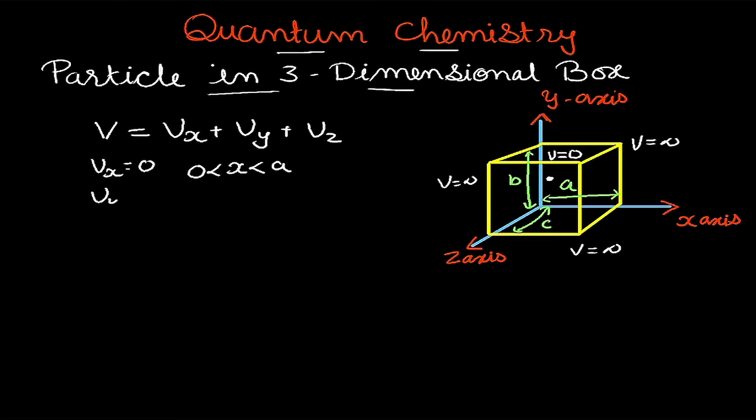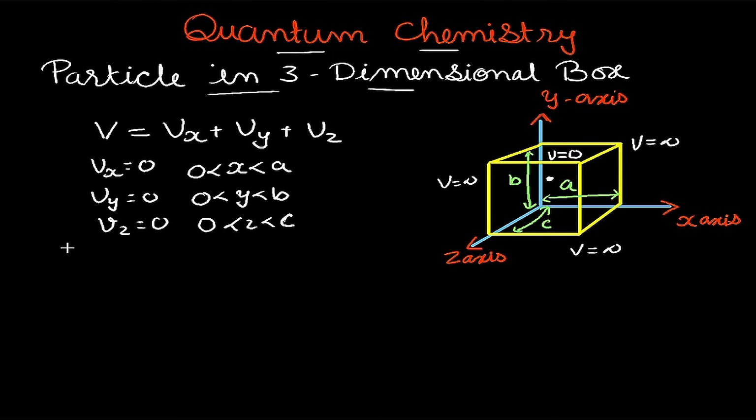Potential energy along y will be 0 for the condition where the particle lies between 0 to b, and similarly potential energy along z is 0 when the particle lies between 0 to c. And we are considering that the walls are perfectly elastic as well as impermeable, that is, they will not allow the particle to go outside the box.